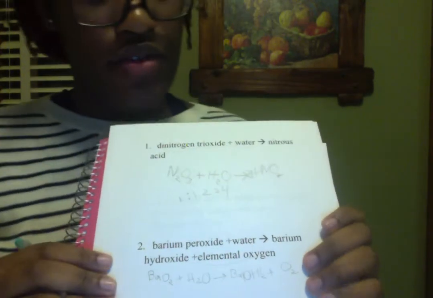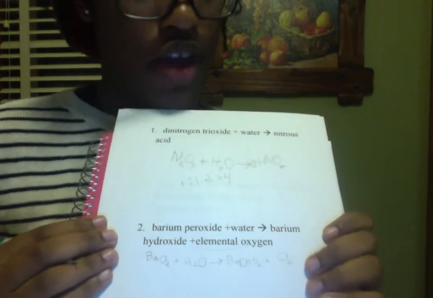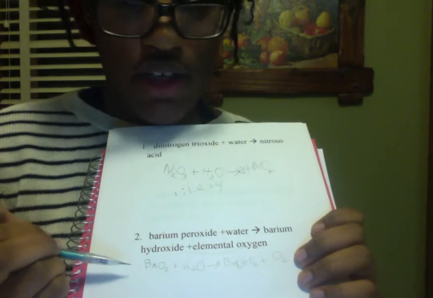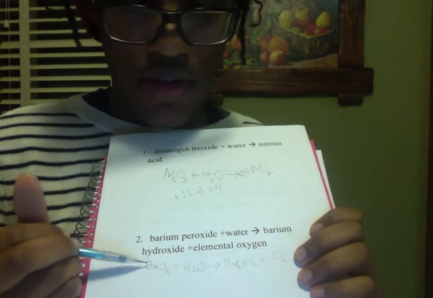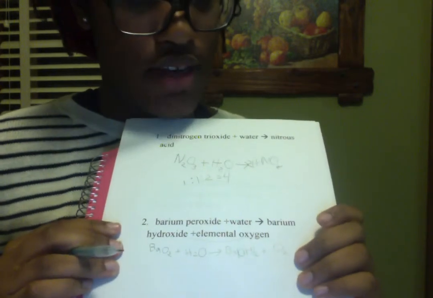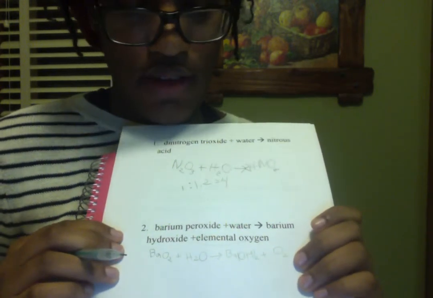Okay, so now you have your unbalanced molecular equation again, and you need to take into account how many of each atom are on the reactant side and how many are on the product side, and make sure you have an equal number on both sides.